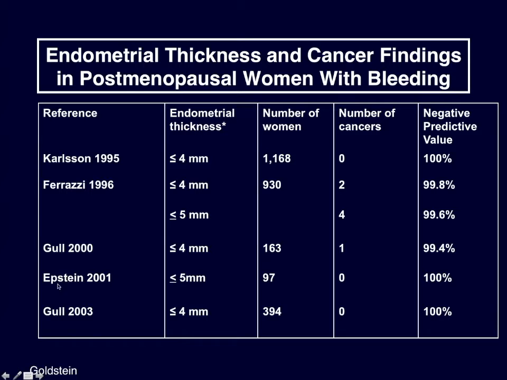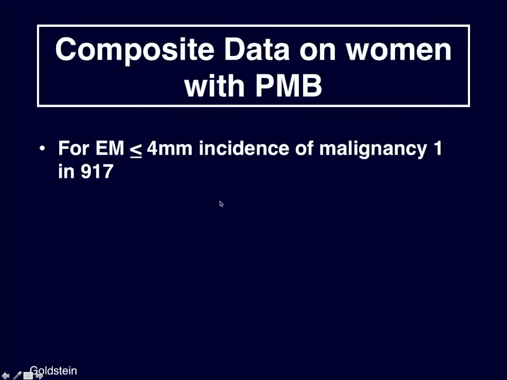Then Gull in Scandinavia. If we look at a composite of all of these prospective trials on postmenopausal women with bleeding, for an endometrial echo less than or equal to 4 millimeters, the incidence of malignancy was 1 in 917.